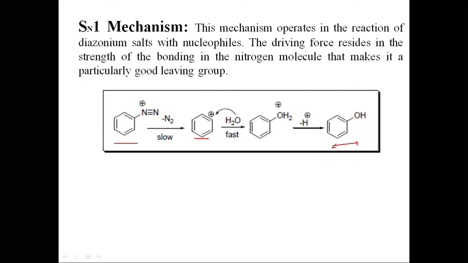That's why you can call it SN1. The formation of a carbocation followed by the nucleophilic attack leads to the formation of the alcohol, phenol. The mechanism operates in the reaction of diazonium salts with nucleophiles. The driving force resides in the strength of the bonding in the nitrogen molecule that makes it a particularly good leaving group.